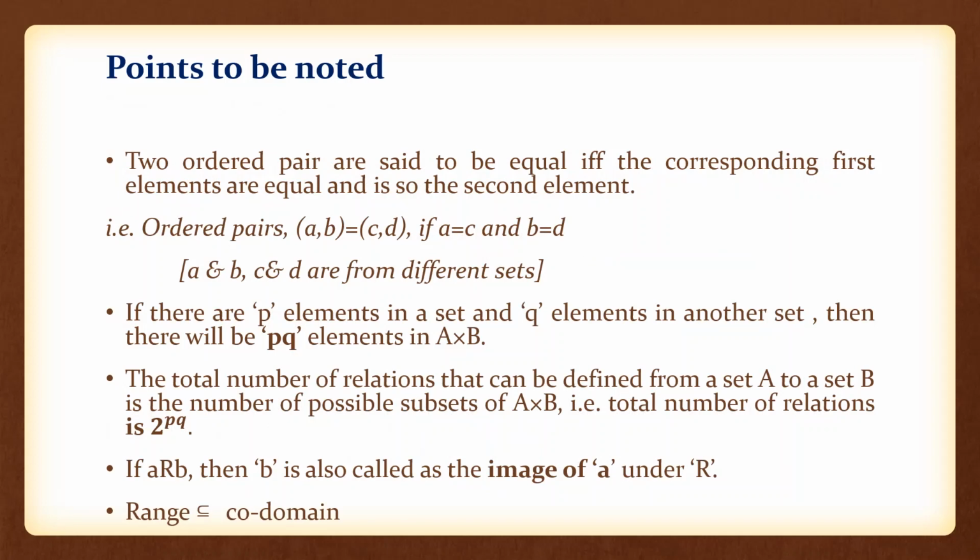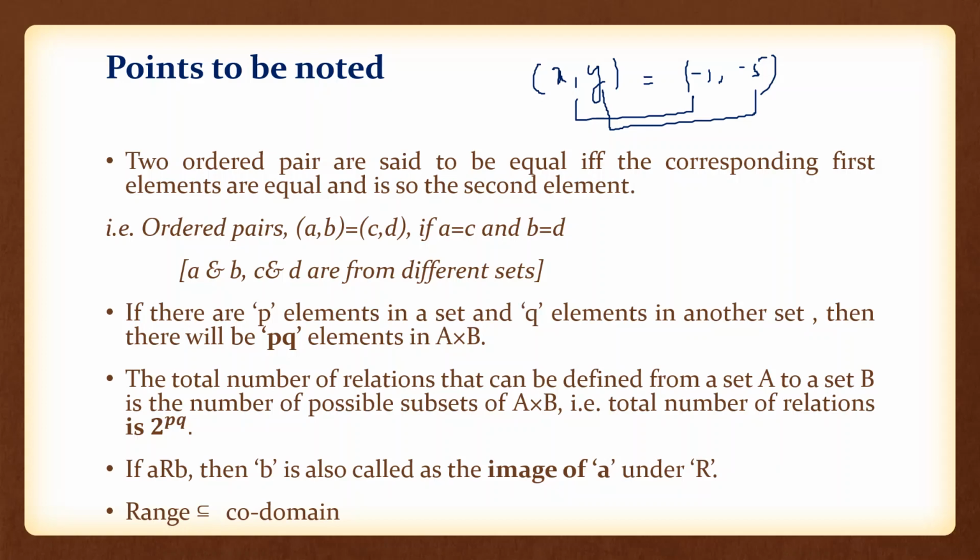Now, the important parts, let's do a quick recap first. Two ordered pairs are said to be equal if and only if the corresponding first elements are equal and the second elements are equal. What does it mean? If (x, y) equals, let it be, (minus 1, minus 5), then x will be equal to minus 1 and y will be equal to minus 5, if these two ordered pairs are equal.